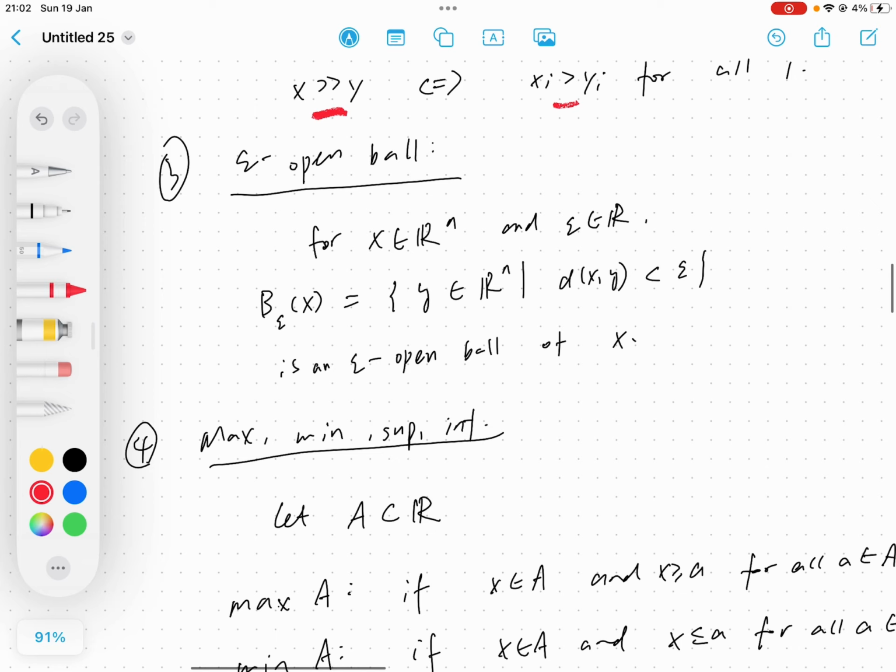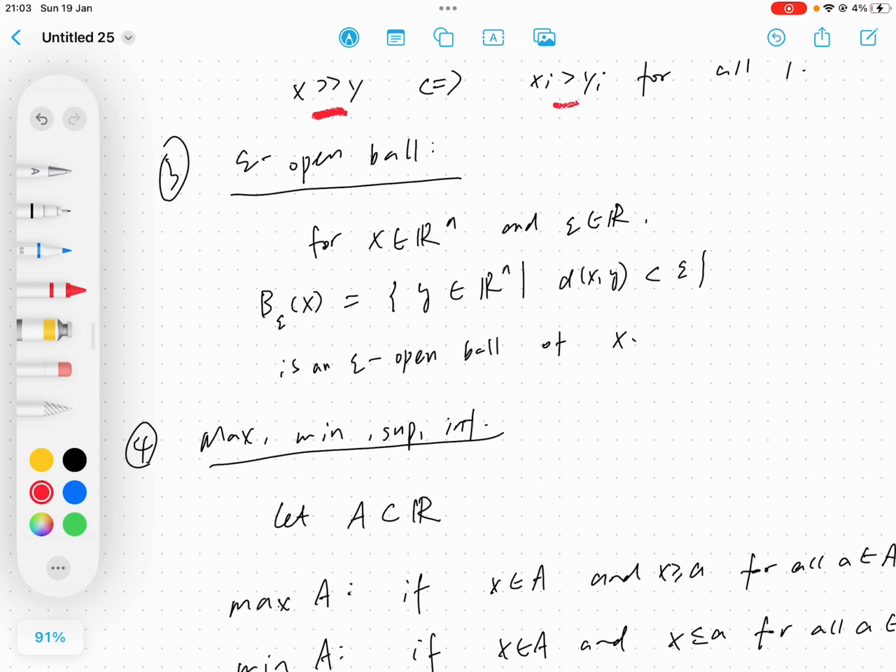Okay, so next we're gonna introduce another concept defined in the Euclidean space using the set that we call the epsilon ball or epsilon open ball. So you can also similarly define an epsilon closed ball. That would be the opposite of open, but normally we just use open here.